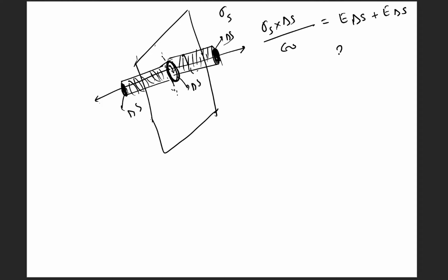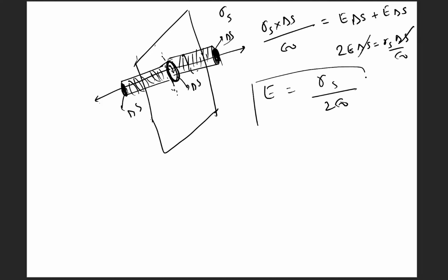So twice of E delta s is equal to sigma s delta s by epsilon naught. This will get cancelled out. So E is equal to sigma s by 2 epsilon naught, and the direction is the normal direction from this sheet.